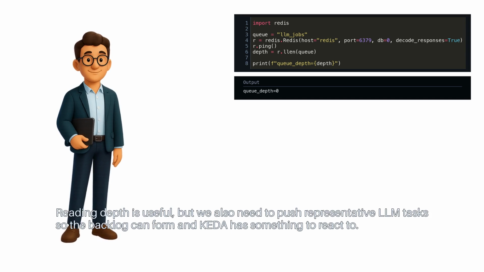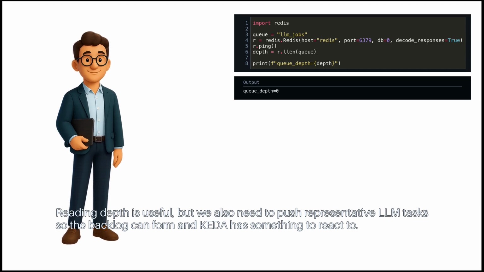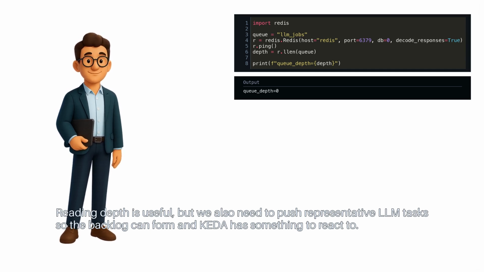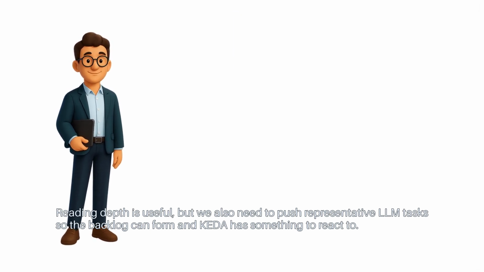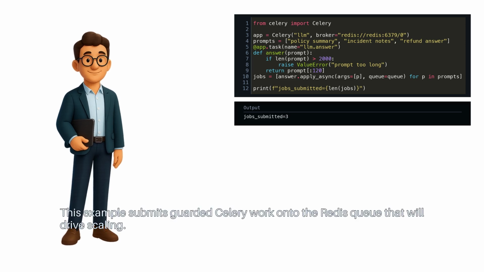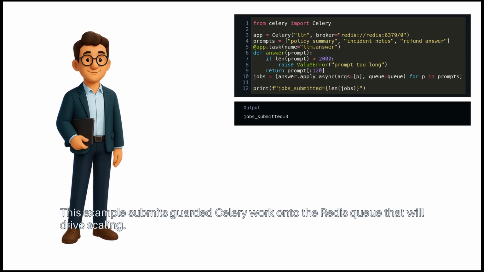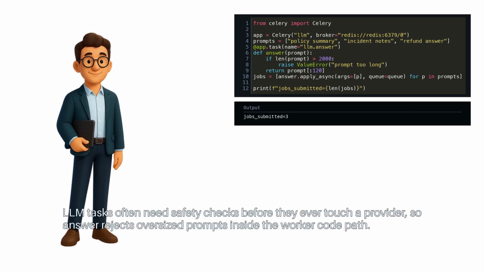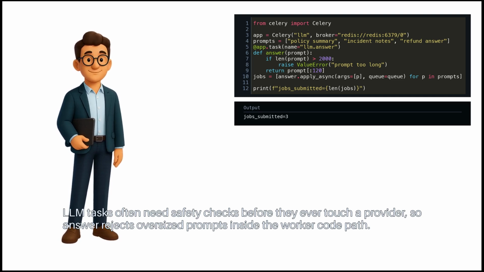Reading depth is useful, but we also need to push representative LLM tasks, so the backlog can form and KEDA has something to react to. This example submits guarded Celery work onto the Redis queue that will drive scaling. LLM tasks often need safety checks before they ever touch a provider, so answer rejects oversized prompts inside the worker code path.